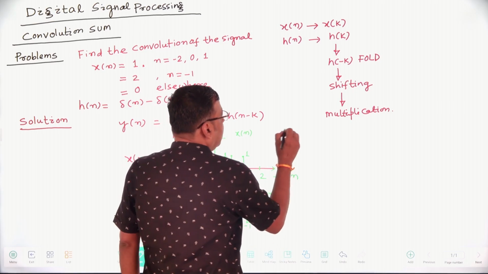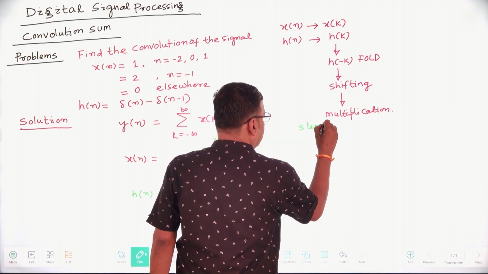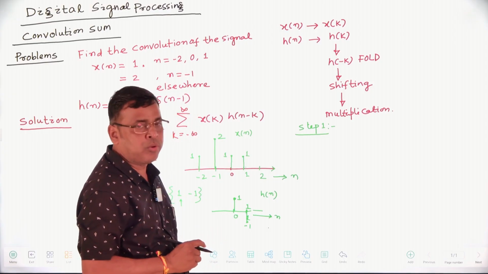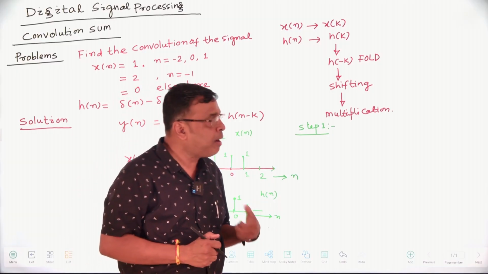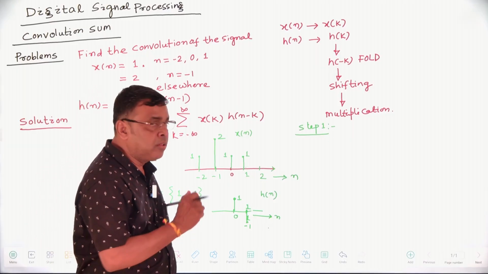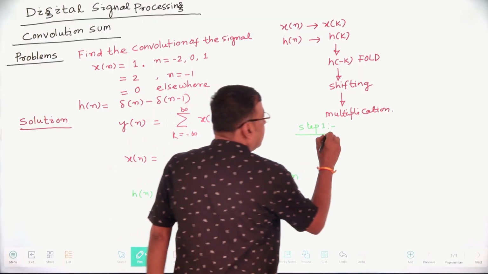First of all, step 1. Already I told you in your previous class, step 1 is the starting point of y of n. We are going to determine the output y of n, that is the response of the signal.